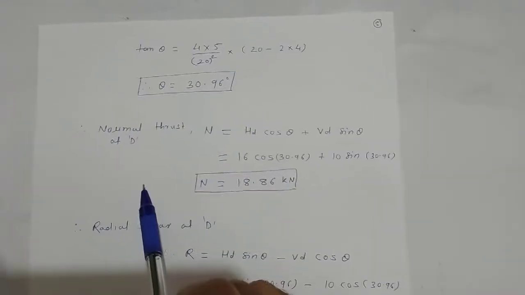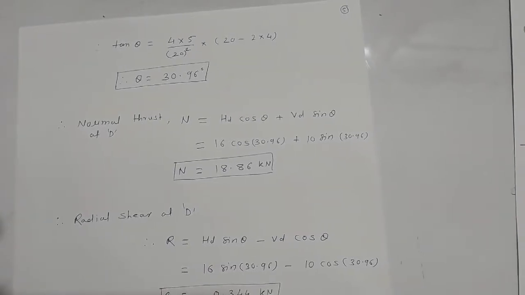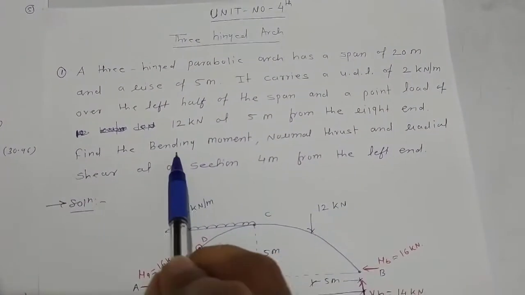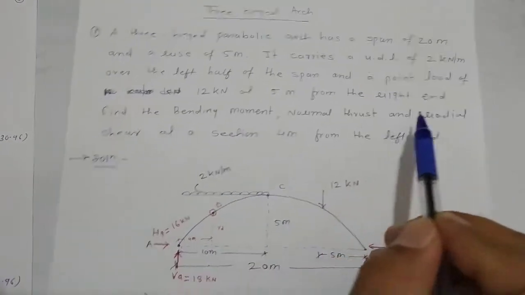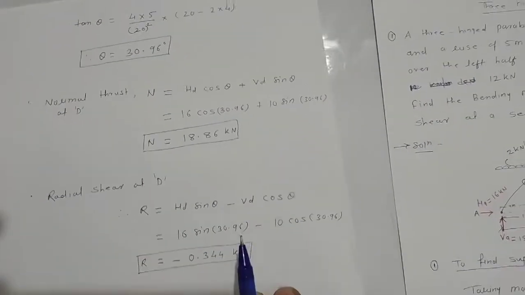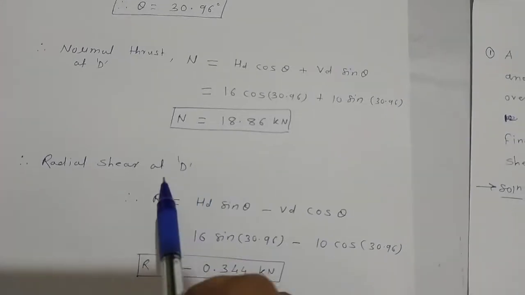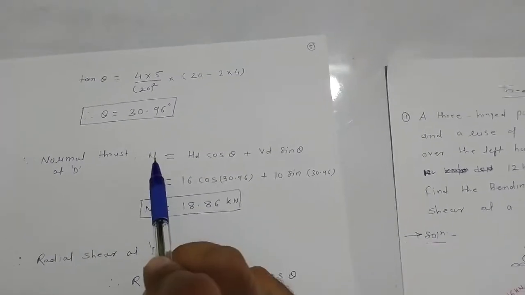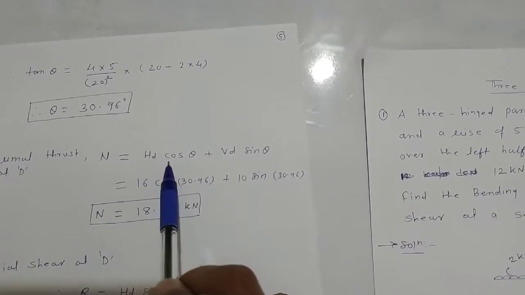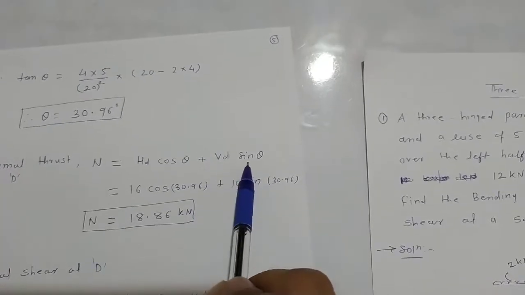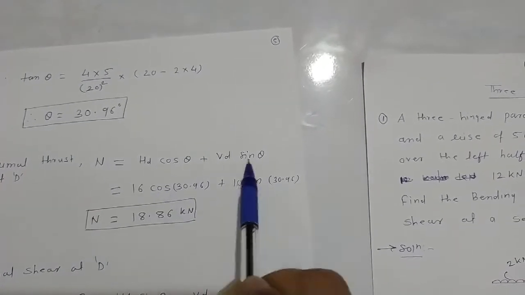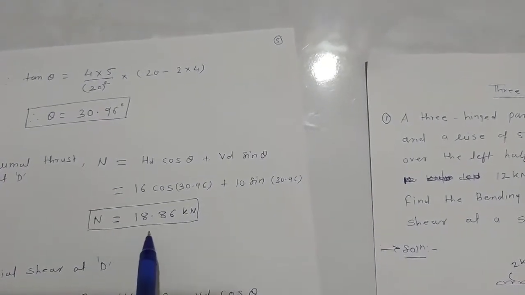Now normal thrust. We have to calculate the normal thrust. We calculated the bending moment, now normal thrust and radial shear. So what is the formula of normal thrust? Normal thrust is denoted by N, and its formula is SD cos theta plus VD sin theta. If you put all the values, you will get normal thrust.